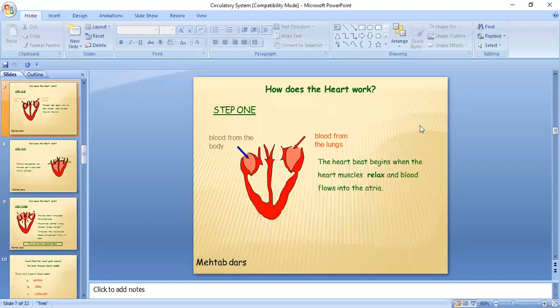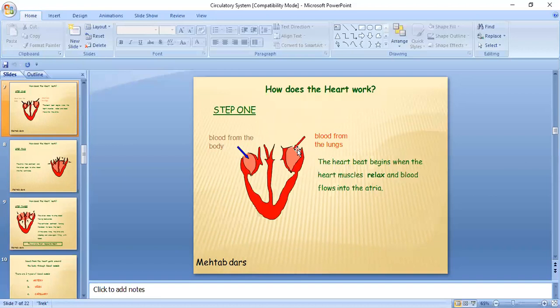Now, how does the heart work? Step one: blood from the body enters the right atrium and right ventricle, and then goes toward the lungs, where the blood becomes oxygenated. The blue arrow shows deoxygenated blood, and the red arrow shows oxygenated blood.